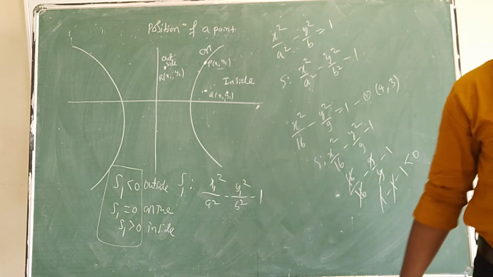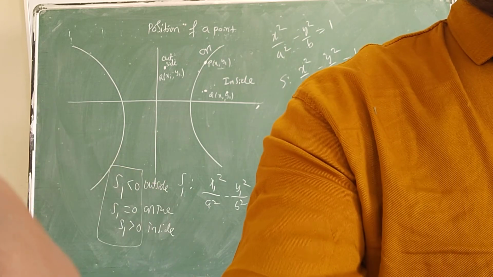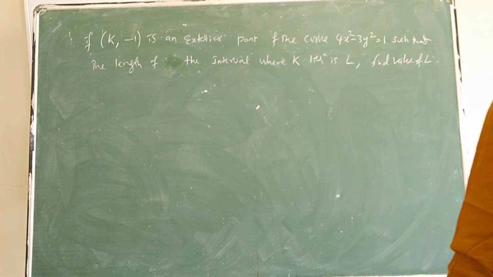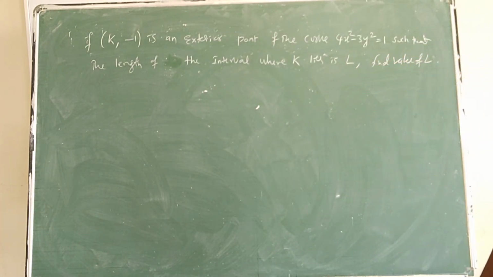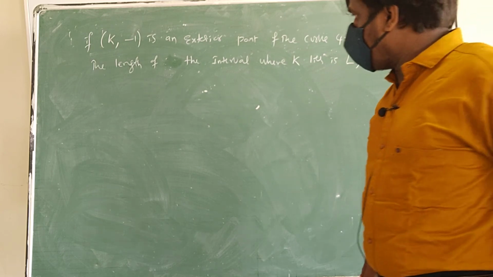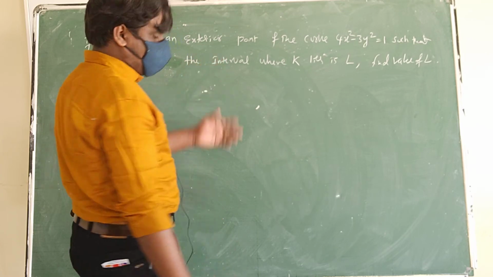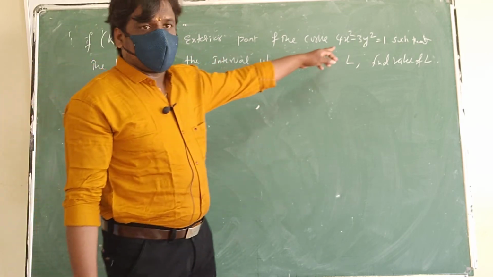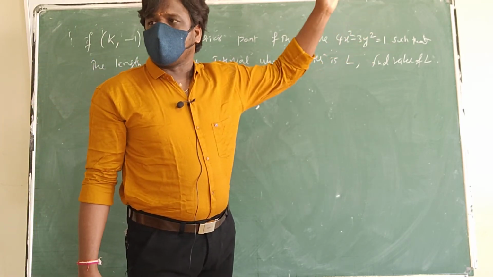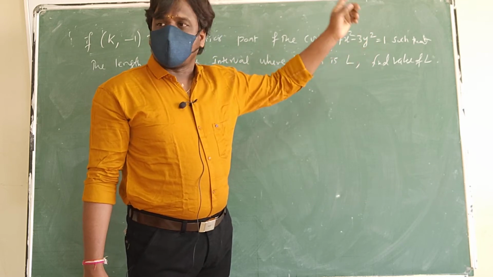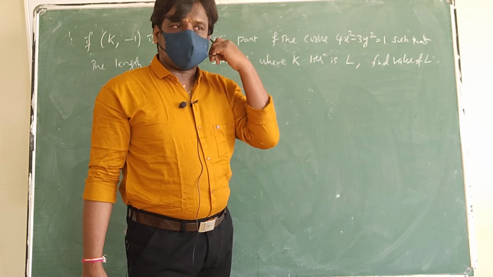Okay, now let's see one more question. So this is the question here, dear students. He is saying that if (k, -1) is an exterior point for this curve 4x square minus... Which curve is this? Let me hear. Which curve is this? Yesterday also I explained this concept.